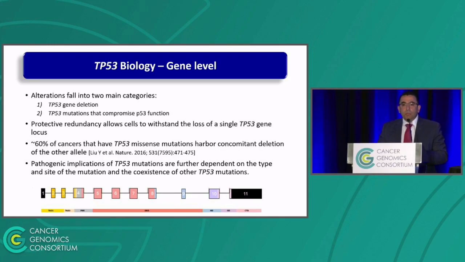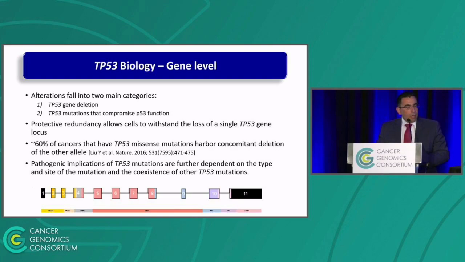So it's not just the presence of a P53 mutation that answers the question of whether there is an alteration in P53 biology within a certain cancer, but it's really a combination of copy number loss plus alterations at the functional level. So without going into too much biological detail today, there is some protective element for the presence of an intact P53 allele within the context of neoplasia.